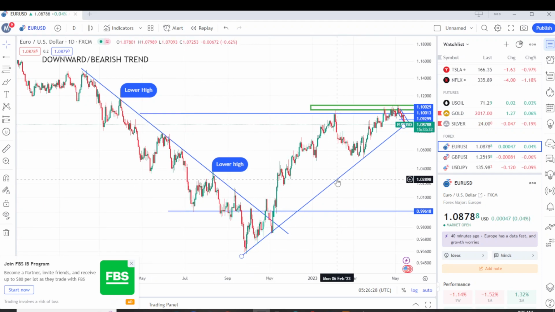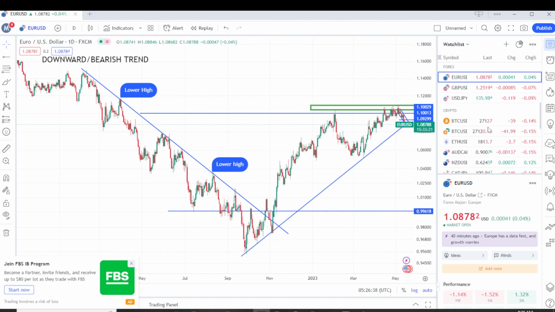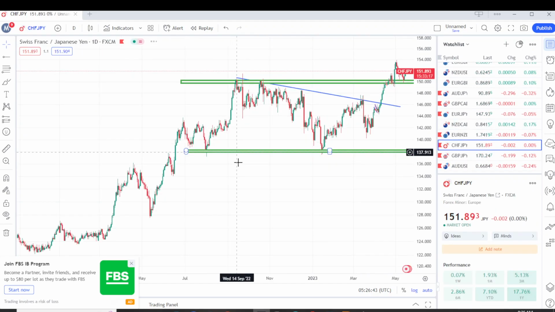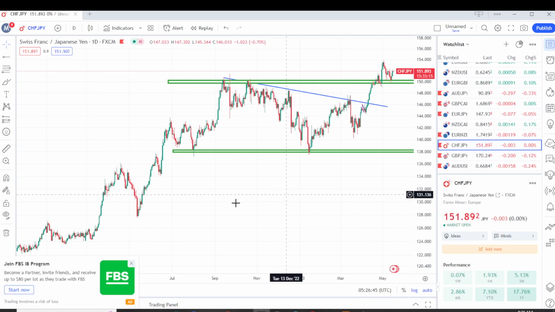But now I just want to show you some examples of trend lines which were broken, but price never retraced. It continued further up, and how you can trade them. For this case, I have an example of currencies which did the same.